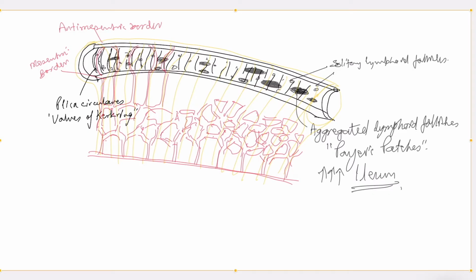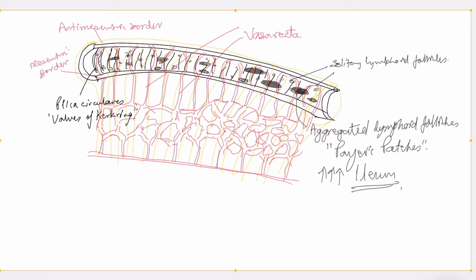First they perforate the outer muscular layer, then reach the submucosa, where they run transversely towards the anti-mesenteric border. These straight running vessels, small vessels providing blood to these loops of intestine, are called vasa recta.